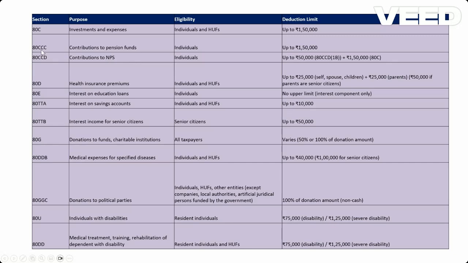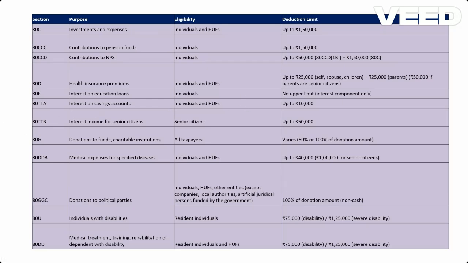Then comes 80CCC, which is contribution to a pension fund. Again, this is for an individual who is making contributions to certain pension funds. It is for individuals, and again it covers 1,50,000. Then comes 80CCD, which is contribution to NPS.